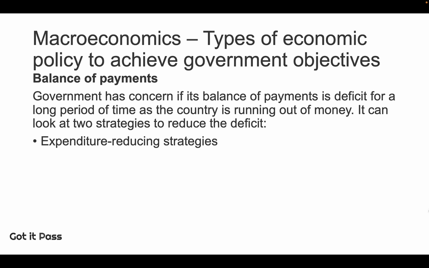First, the expenditure reducing strategies. The target of it is to reduce the overall expenditures in the economy or from the population. Next is expenditure switching strategies. That means to switch the expenditure from one kind of consumption or products to another. So let's go into details on them one by one.